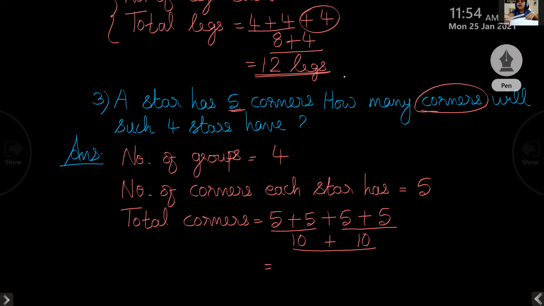Answer is correct, 20. What should be written near to that? The unit? What we have found out total?